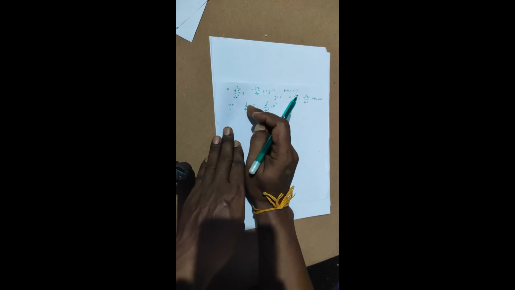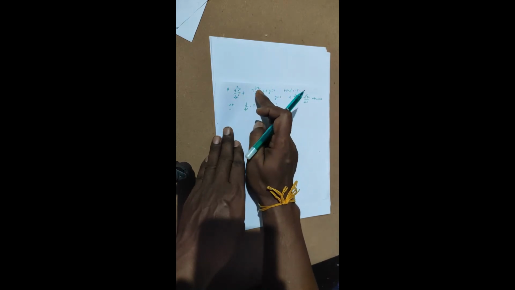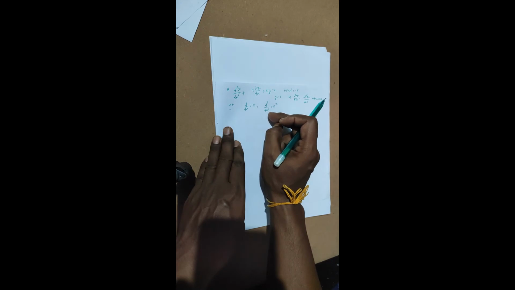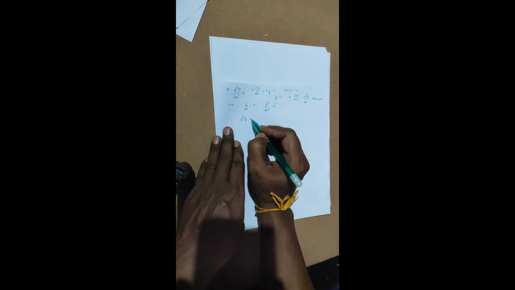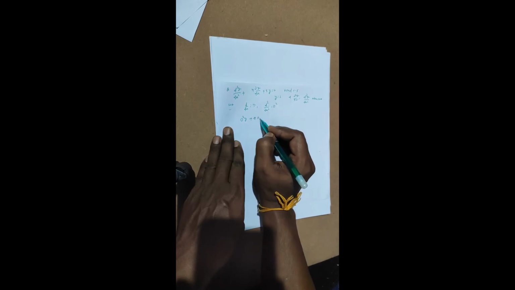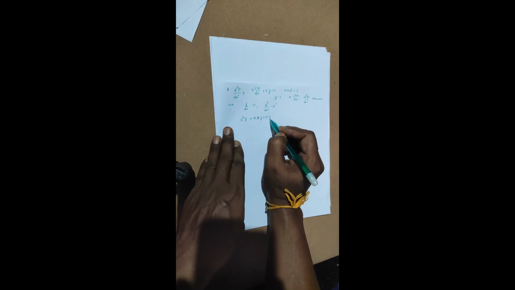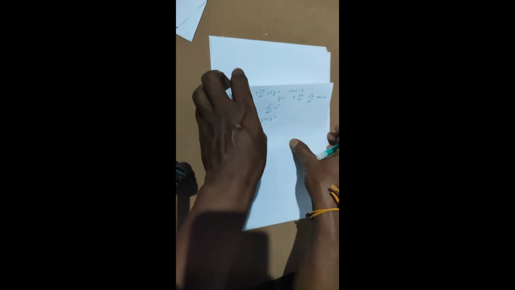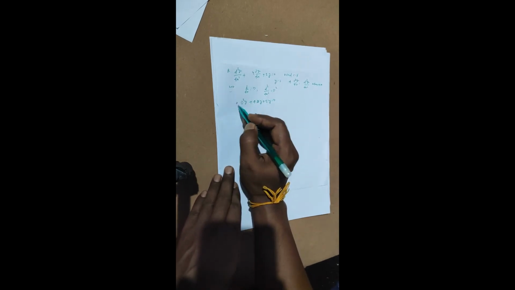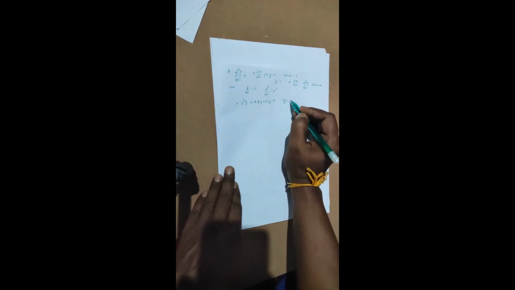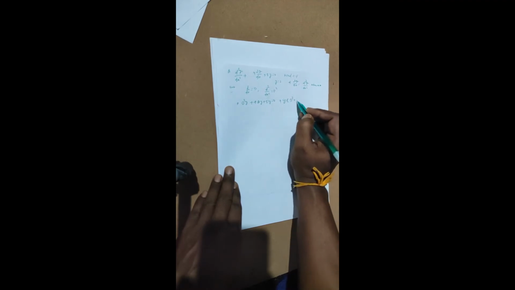Now we will put these values: d by dx is replaced by D, d square by dx square is replaced by D square, so D square y plus 4Dy plus 5y is equal to 0. Taking y common, we get D square plus 4D plus 5 is equal to 0.